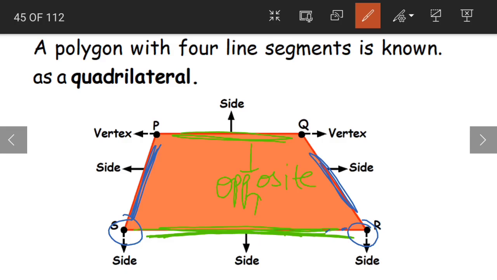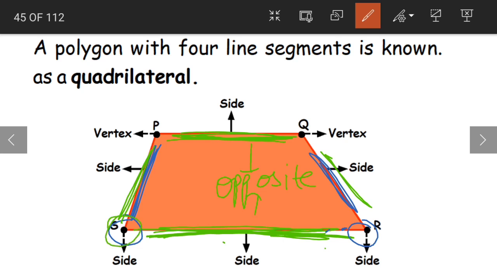And as you can see, they are facing each other, opposite to each other. The sides PQ and RS are opposite to each other. That is why they are called opposite sides. Now what are the adjacent sides for our RS? They are PS and QR, because they share a common vertex.